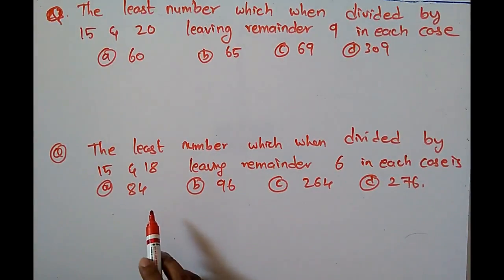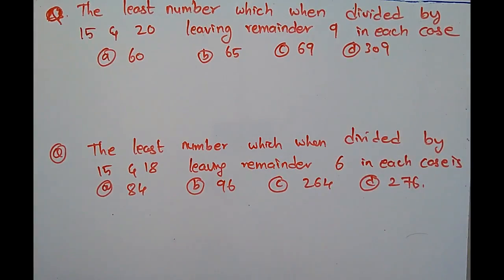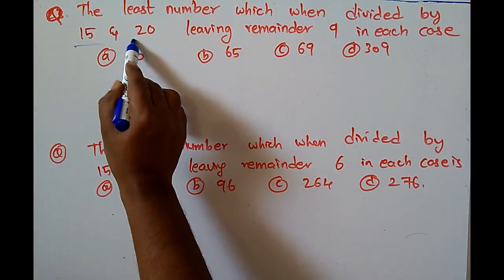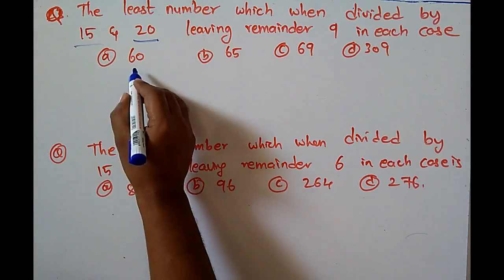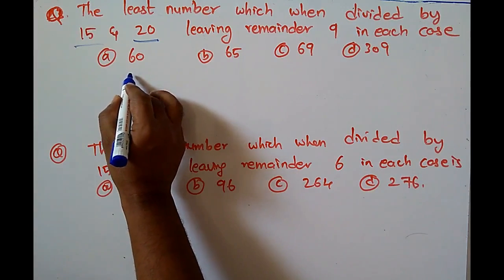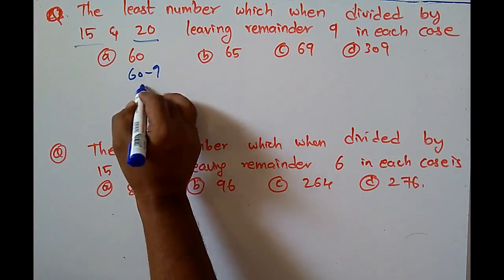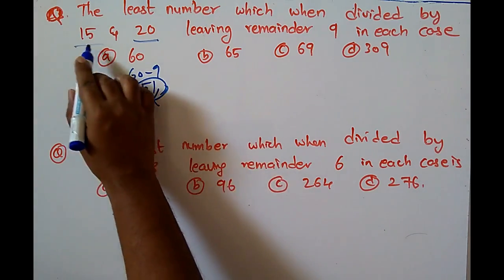So let us see the similar problems. The least number which when divided by 15 and 20 leaves the remainder 9 in each case. If we take the first number, 65, and subtract 9, we get 51. 51 is not divisible by 15 or 20.